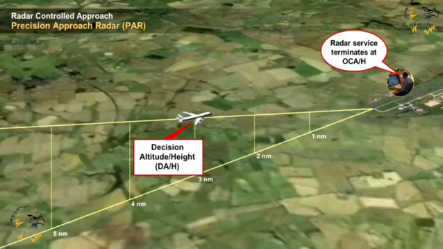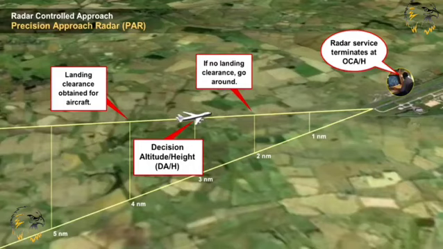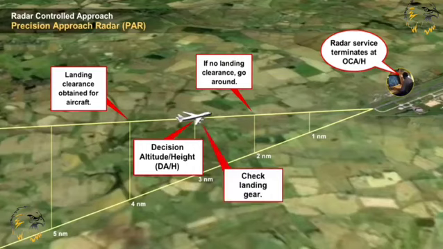As we know, the radar controller is responsible for obtaining a landing clearance from the aerodrome controller. To recap, normally this will be done at 4 nautical miles from the threshold of the landing runway, but may be delayed by the aerodrome controller until 2 nautical miles. If no clearance has been received at 2 nautical miles, the pilot will automatically begin the missed approach procedure.